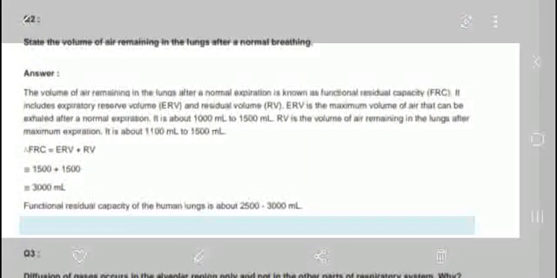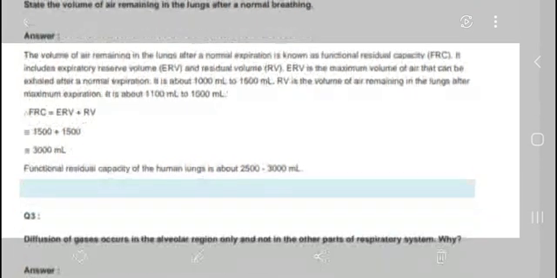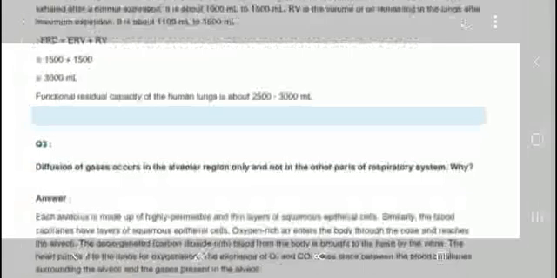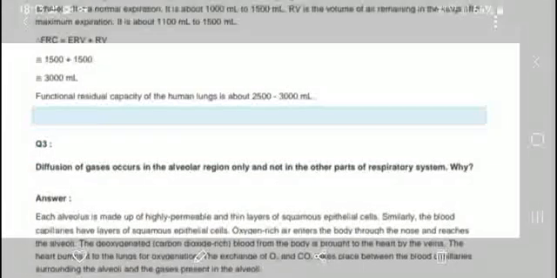It is about 1000 to 1500 milliliters, and RV is the volume of air remaining in the lungs after maximum expiration. It is about 1100 to 1500 milliliters. Therefore FRC is equal to ERV plus RV, so 2500 to 3000 milliliters is the functional residual capacity of the human lungs.